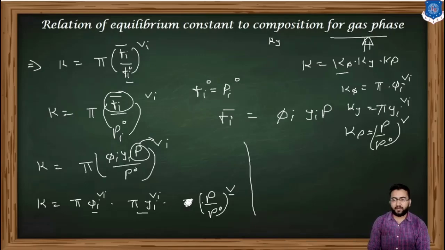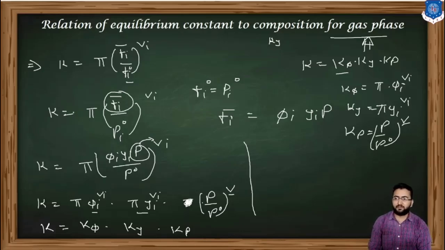There is no Pi here because we are considering total pressure, so here it becomes the total stoichiometric number. Just replacing these terms, the equation becomes K is equal to K phi into Ky into Kp. Sometimes in an exam the question may be asked like: prove that K is equal to K phi into Ky into Kp. So you can prove it like this.